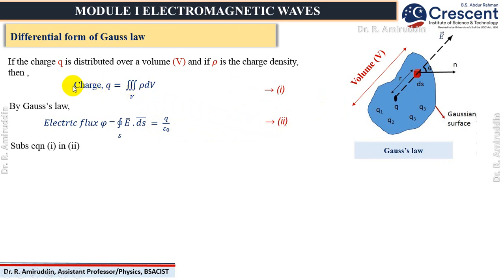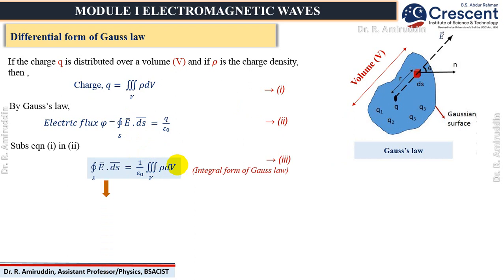Now we have the charge q, that is equation number 1. We will substitute it in equation number 2. Finally we have the closed integral of E dot ds is equal to 1 by epsilon naught times the integral of rho dV. Let us consider this as equation number 3, which is actually the integral form of the Gauss law.